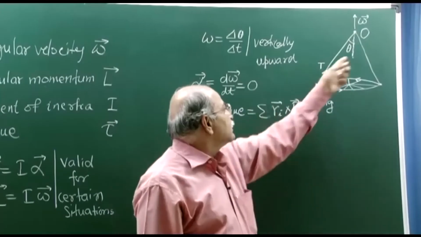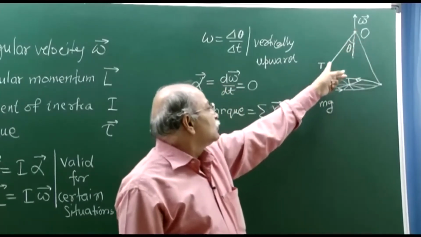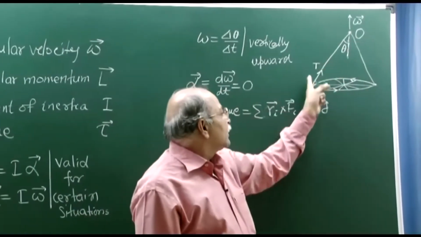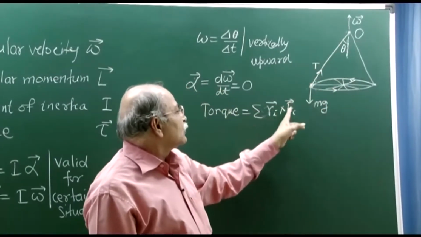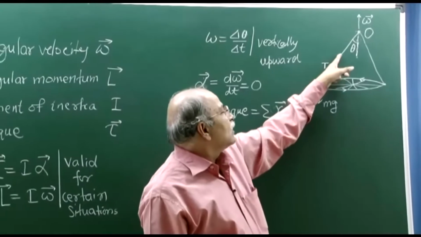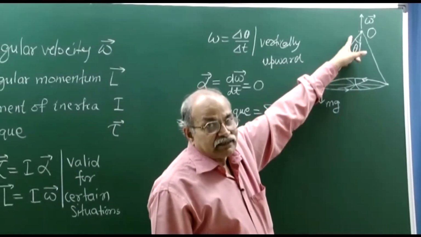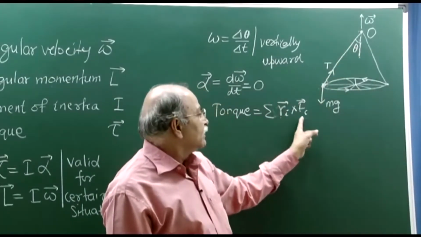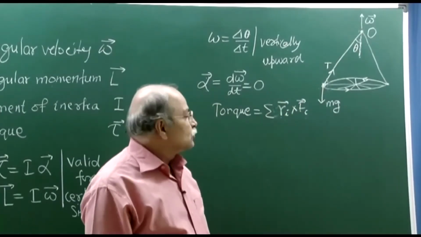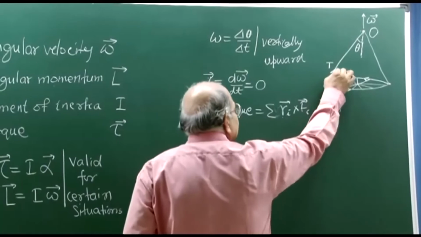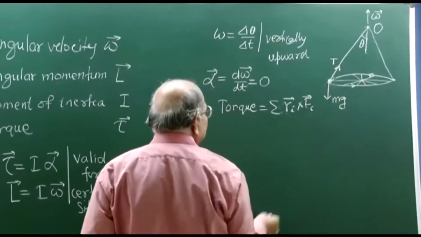This r vector is from the origin to the particle where the force is acting, and the force vector is also along this same thread, so they are parallel and the cross product is 0. So, the torque of this tension is 0, and the torque of mg you have to write.